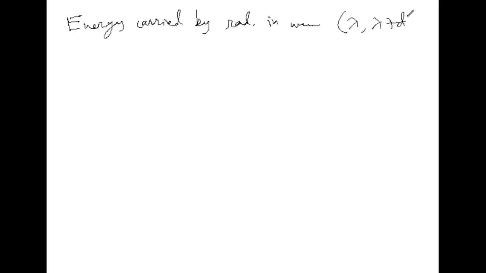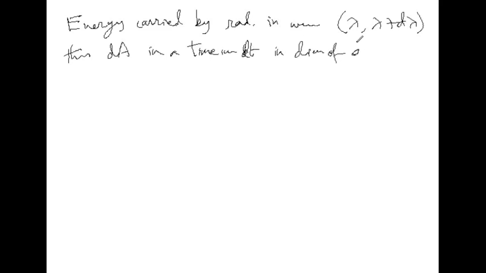The energy carried by radiation in the wavelength range lambda to lambda plus d lambda through dA in time interval dt in the direction of d omega is then how much?